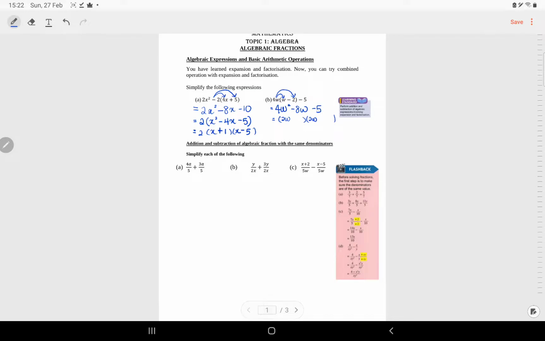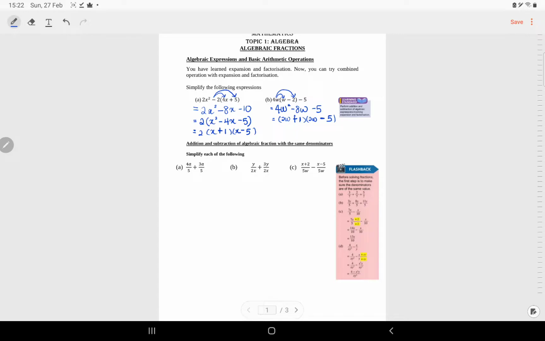The factors of 5 are 1 and 5, and you need -8w, so that will give me a -5 there to give me -10, and then plus 2w. Okay, you can expand it as part of checking to make sure that you get to this quadratic expression, 4w squared minus 8w minus 5.